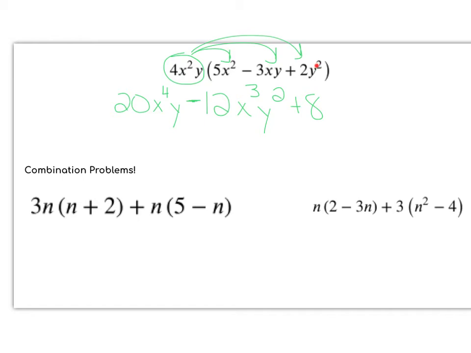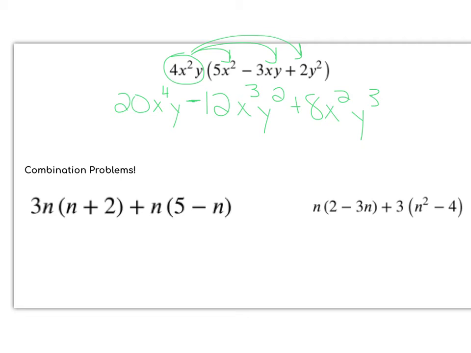Notice this term doesn't have any x in it, so I'm just going to bring the x squared along, and this y times this y squared is y cubed because I add the exponents. So these can get a little weird looking because they may have more than one variable, but it's just multiplying. Remember, when you multiply with the same base, add the exponents.